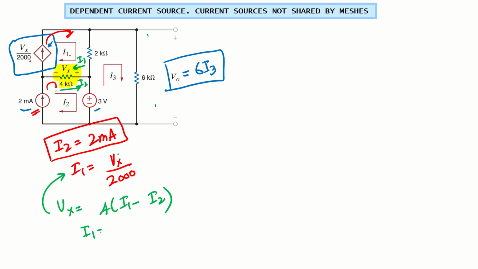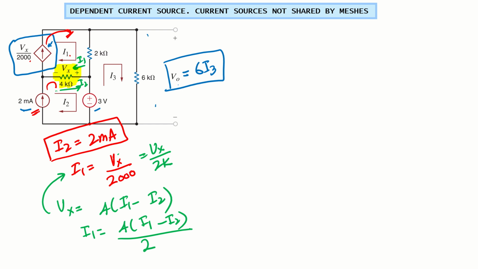So I1 will be 4 times I1 minus I2, divided by 2000. All values are in k, so 2000 can be written as just 2k.